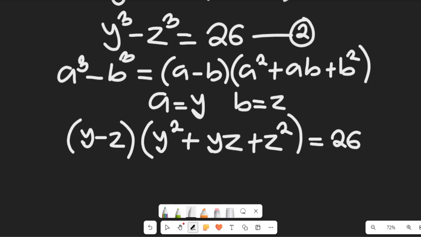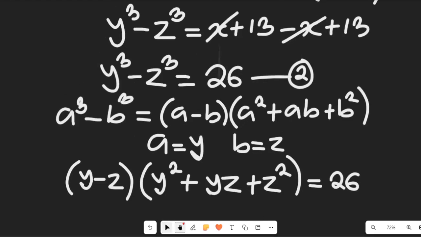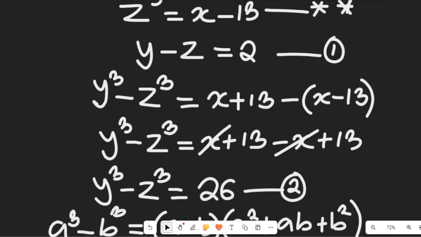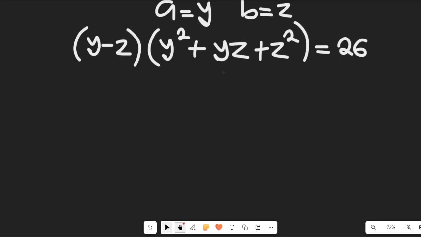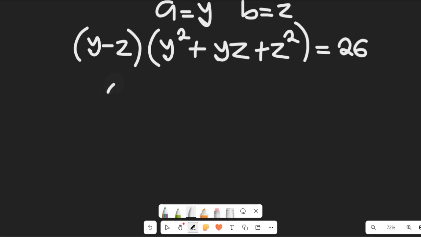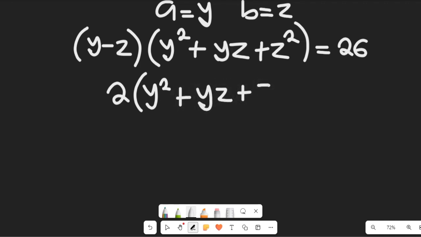So if we look at this expression very well, we are going to find out that y minus z from expression 1 is equal to 2. So that expression is going to give me 2 multiplied by y square plus yz plus z square, and this will be equal to 26.